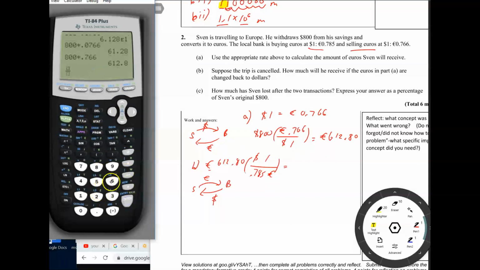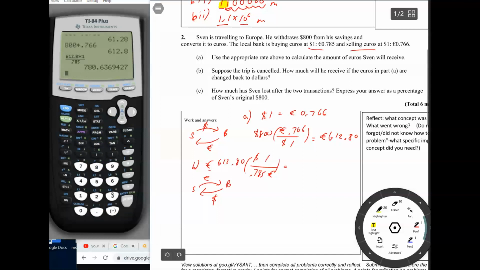And then we're going to put 612.80 times 1. In the bottom, we're going to put 0.785. We get 780.64. I'm going to put $780.64.